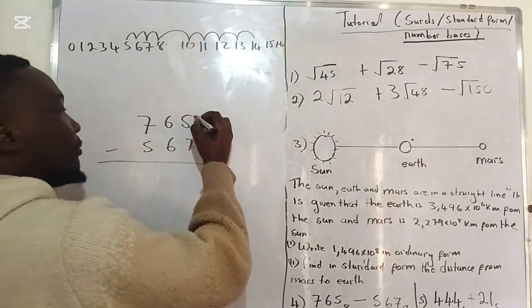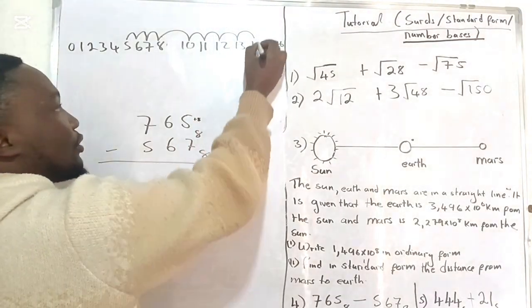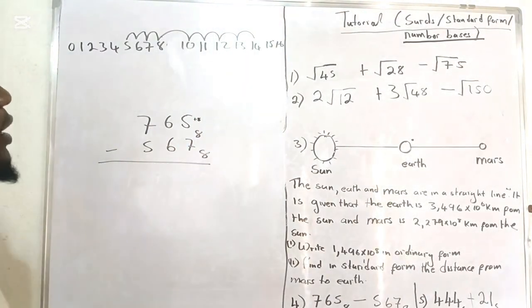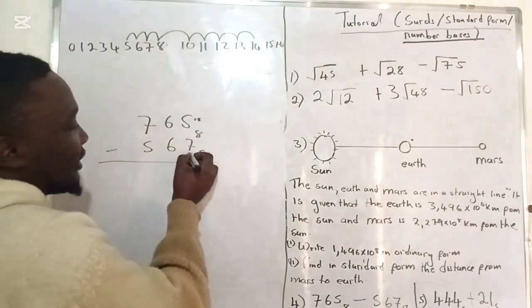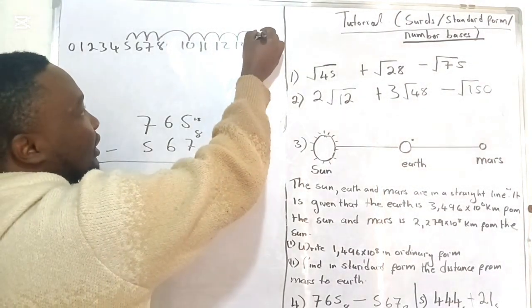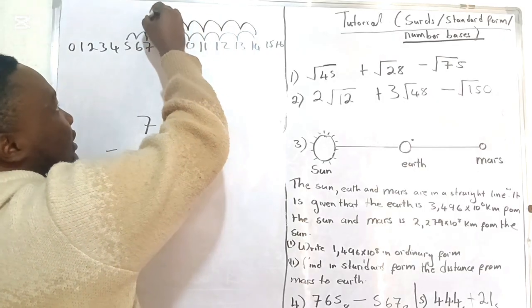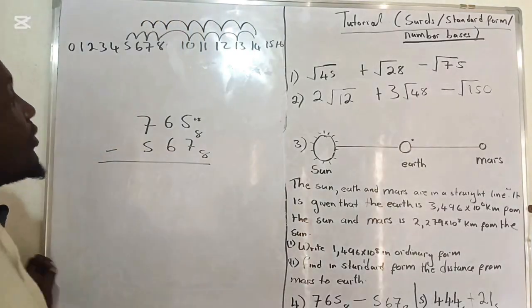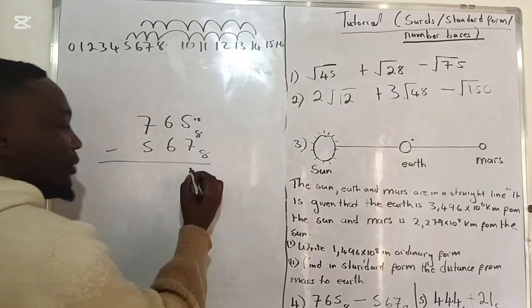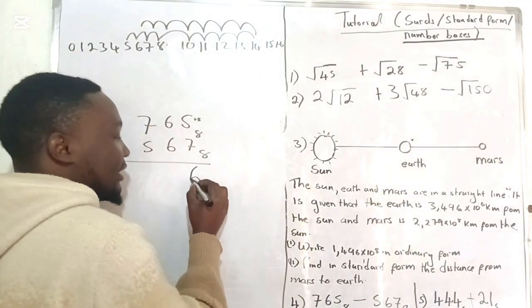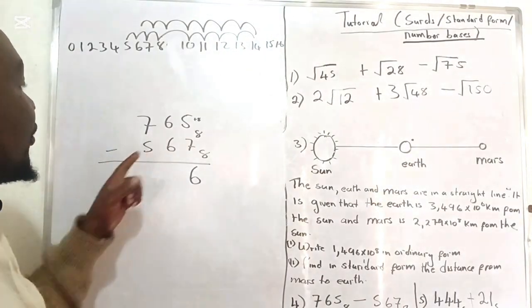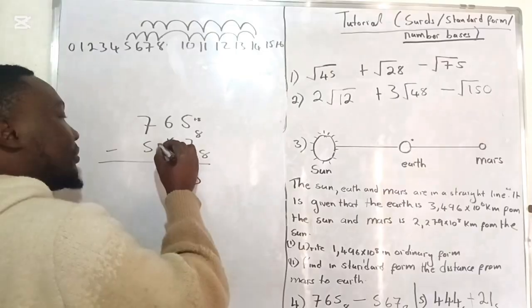When we have borrowed an 8, it's going to be 14. Then we subtract 7. Let's move 7 steps: 1, 2, 3, 4, 5, 6, 7. Here we subtract 7 steps, so we are going to remain with 6. Since we have borrowed, this one is going to become 7.